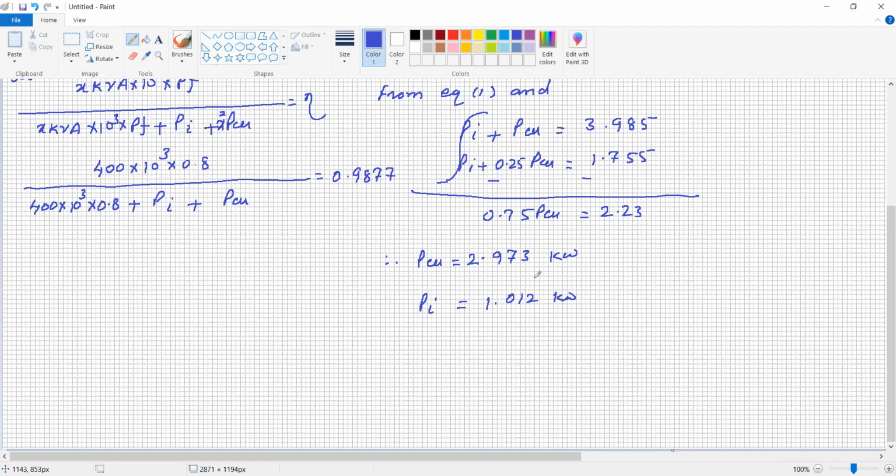In this way, the values of iron loss and copper loss are found from these equations.